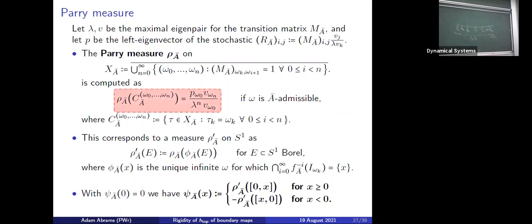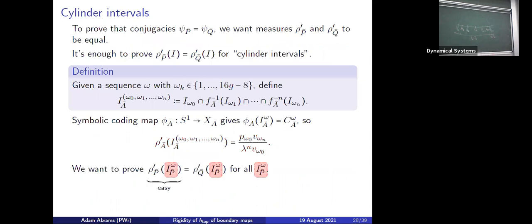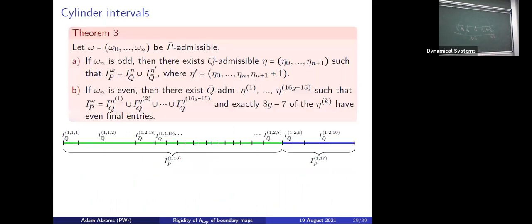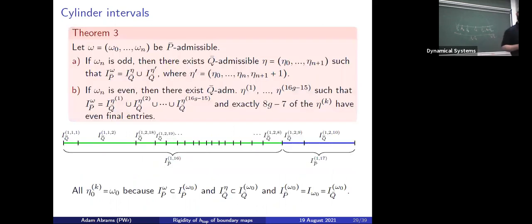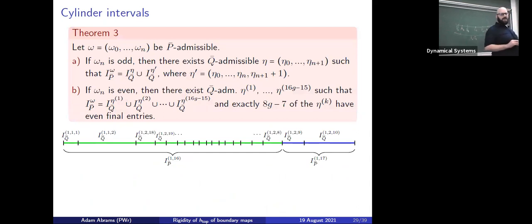This expression for the measure of a cylinder shows up in a few different places in this proof. And it basically comes down to the fact that, in this picture, each interval on the circle, if you're coding using the Markov partition, is the interval where the first several terms are fixed. So you get sort of a cylinder on the circle.